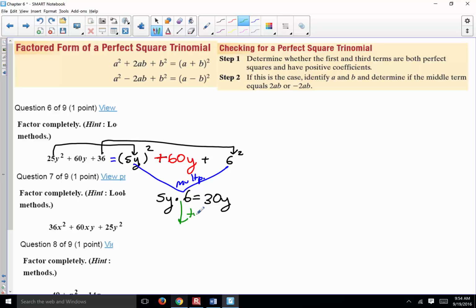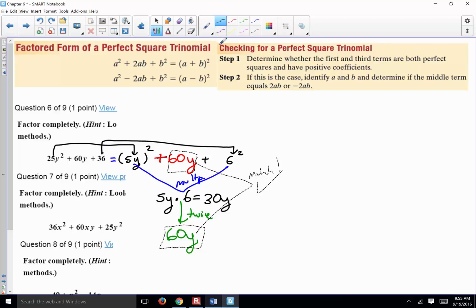First twice it, which is 60y. Then we compare the digits only, not the sign. I forget about the sign. Just compare the digits and the variable. Is it a match? Yes, no question about it. 60y, 60y, yes. Matches.